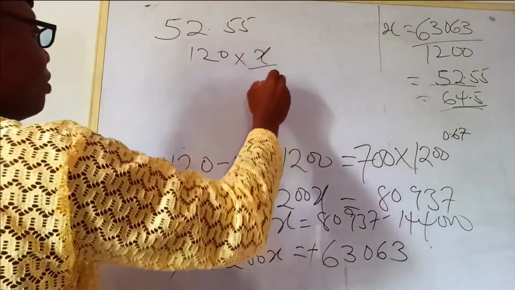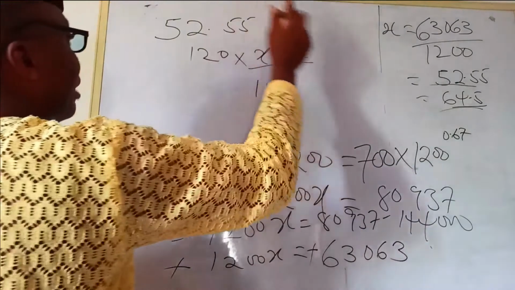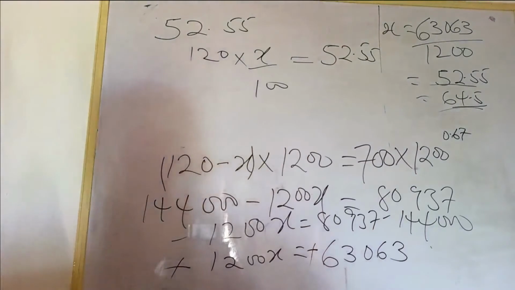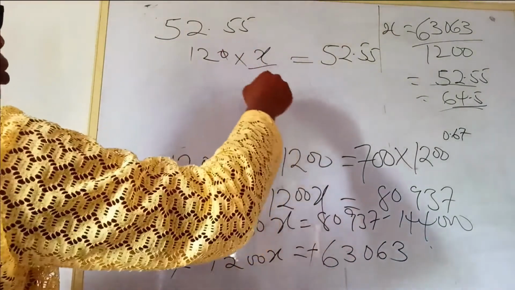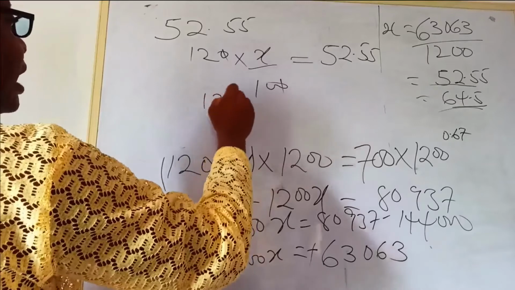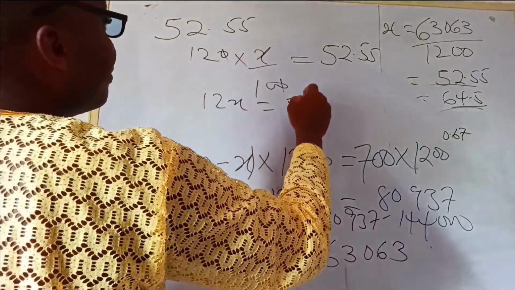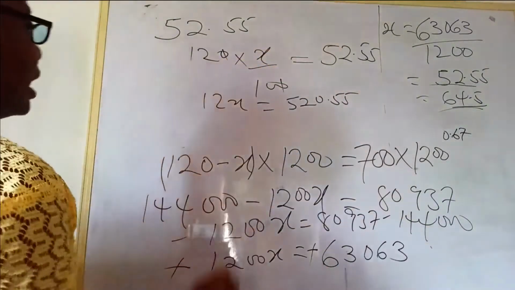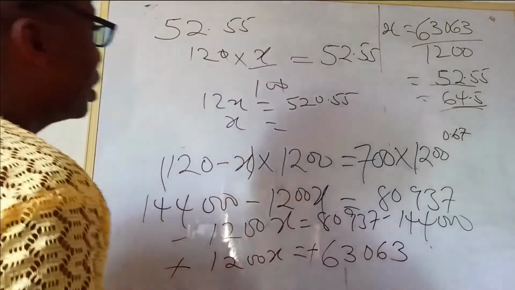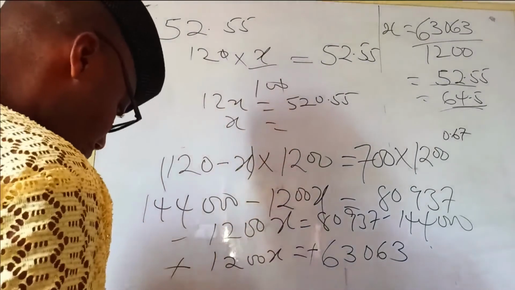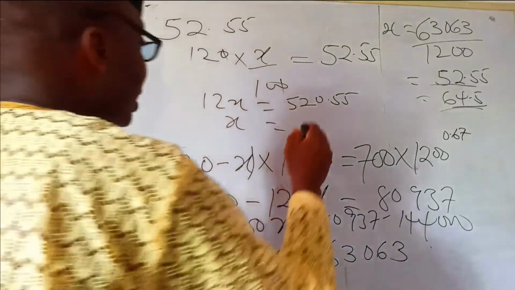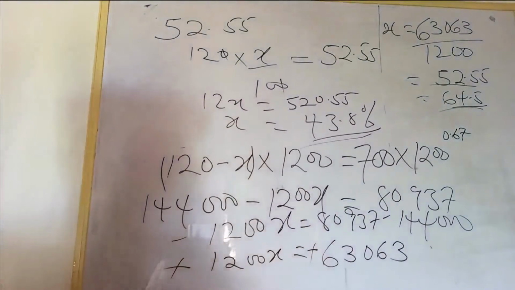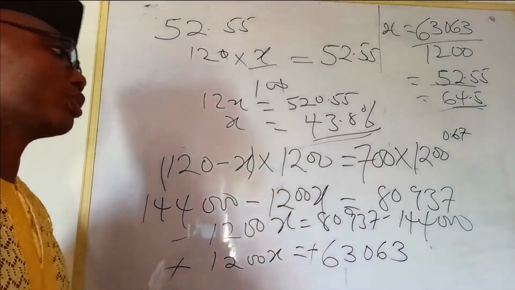Give it x all over 100 equals this amount, 52.55. So when you solve, 12x equals 520.55. When this is multiplied to that, then x equals 43.8. So the price cut is 43.8%. So this is how you solve the question.